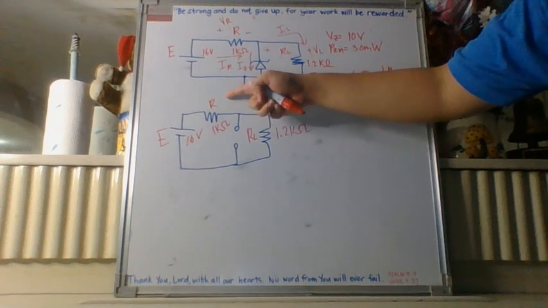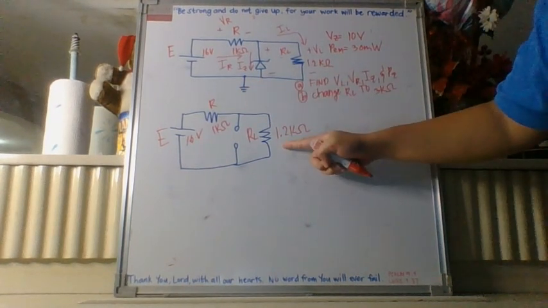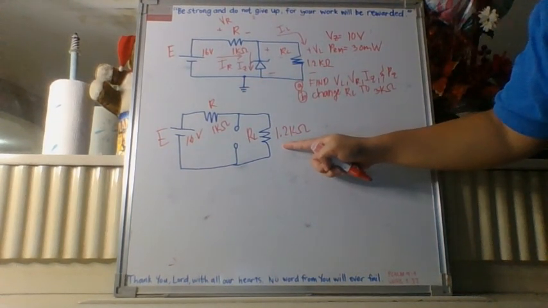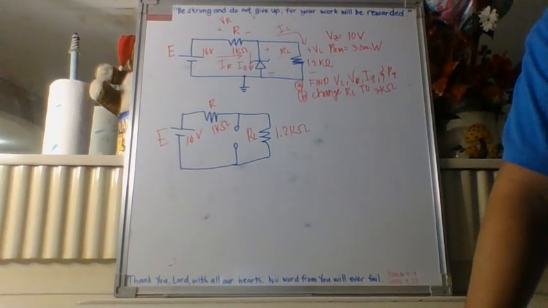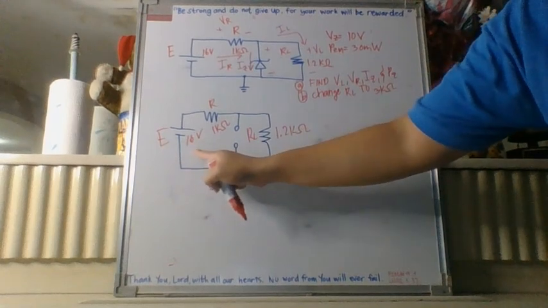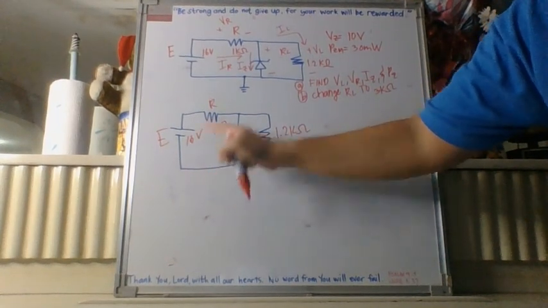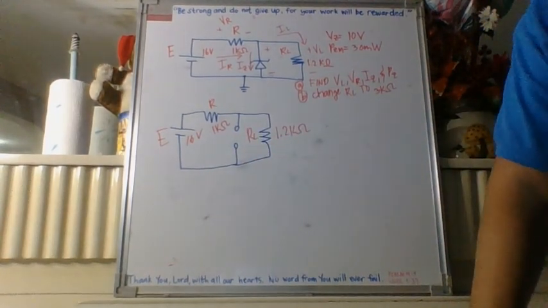The series limiting resistor and the resistive load are in series. So, ibig sabihin nito, magkakaroon tayo ng voltage divider. Yung 16 volts na yan ay nahati sa pagitan ng R at ng ating RL.